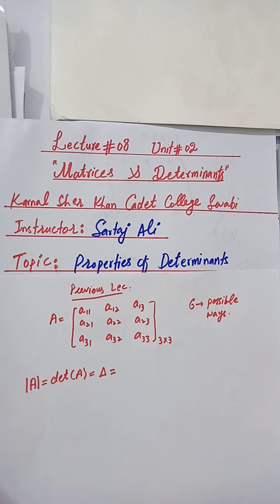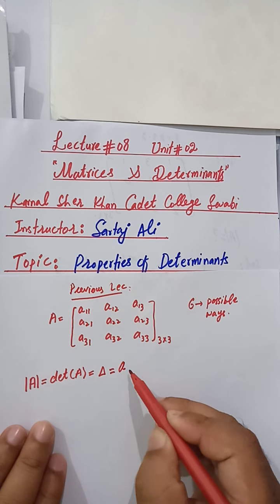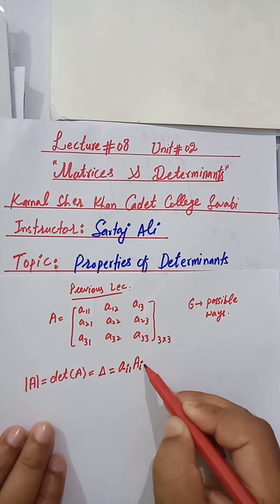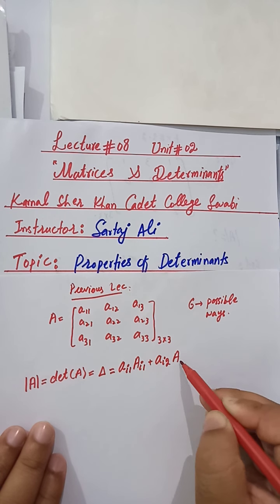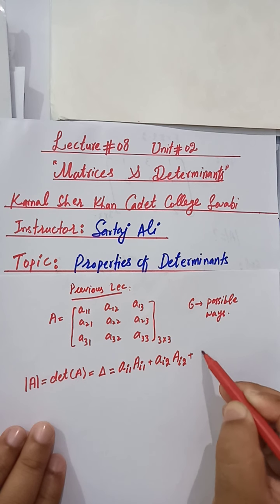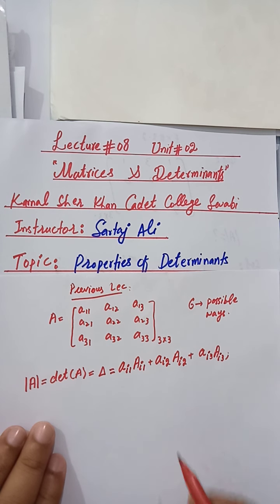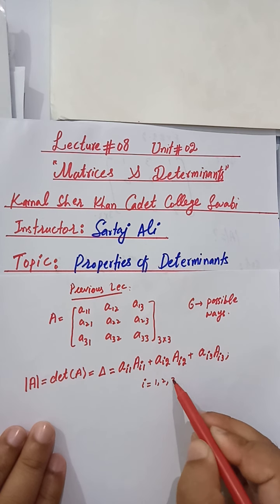If you want to expand this matrix with any row, the formula for that will be a_i1 capital A_i1 plus a_i2 capital A_i2 plus a_i3 capital A_i3, and impose a condition on i that i runs from 1 up to 3.